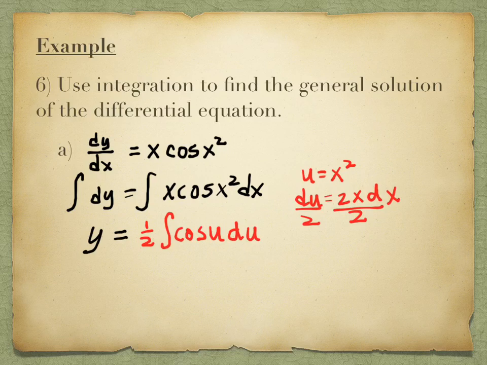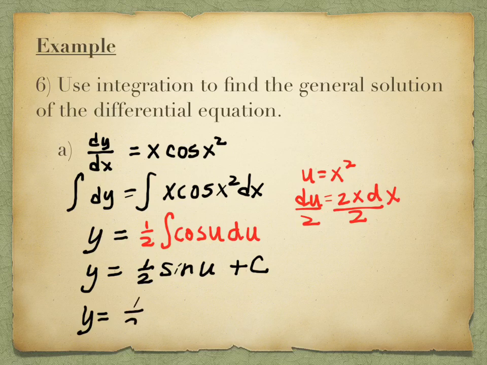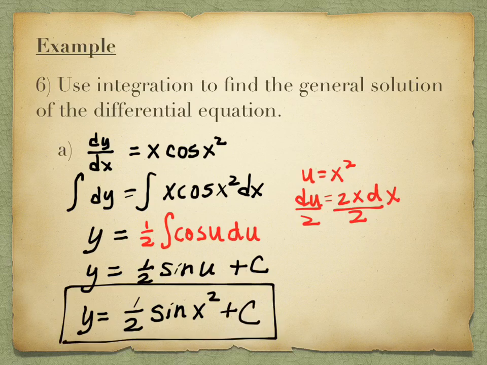Now then, what is the integral of cosine of u? Sine u. All right, so I've got 1/2 sine of u plus c. There. And then the last thing that we would need to do is what? Substitute back. So 1/2 sine of x squared plus c. And that's my general solution.